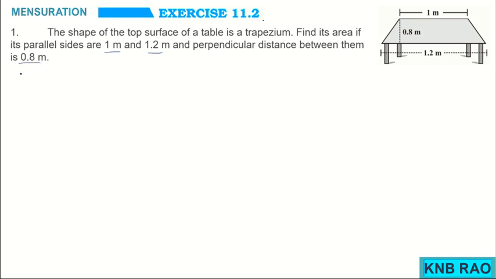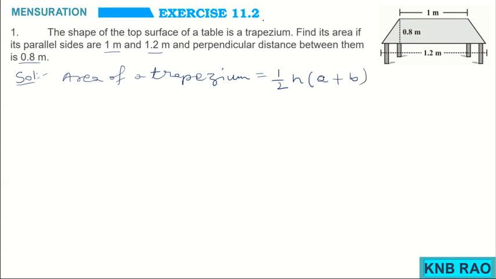Children, you know the formula to find the area of a trapezium. Area of a trapezium is found using the formula half into height into the sum of two parallel sides, that is a plus b, where a and b are parallel sides.